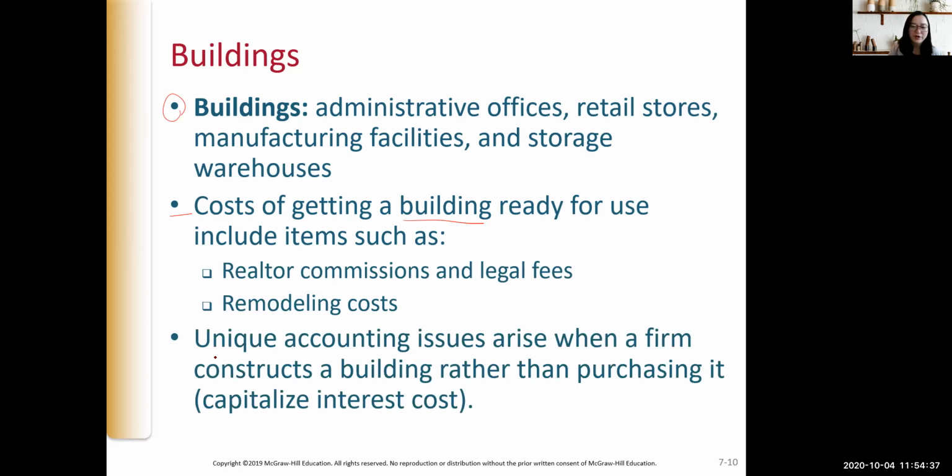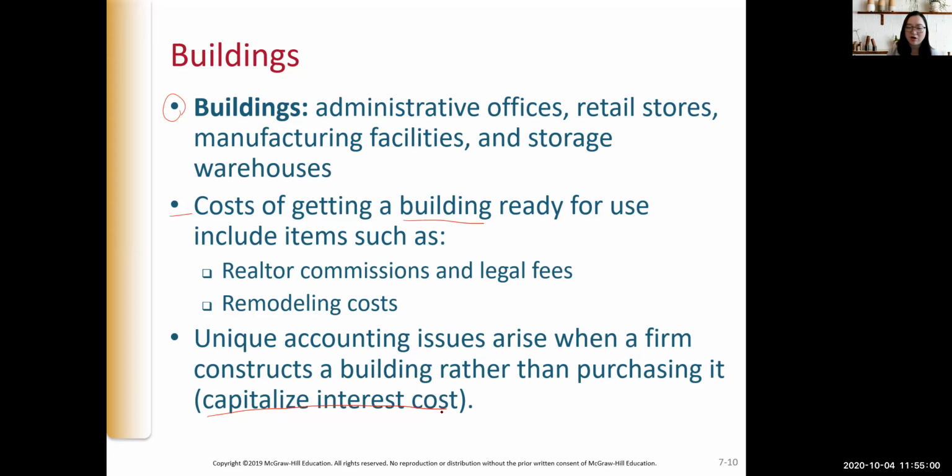And also a unique accounting issue arises when the firm constructs a building rather than purchasing it. The difference is that if you're constructing it yourself, for the mortgage that you take out for the construction loan, you can actually capitalize the interest cost. What does capitalize mean?